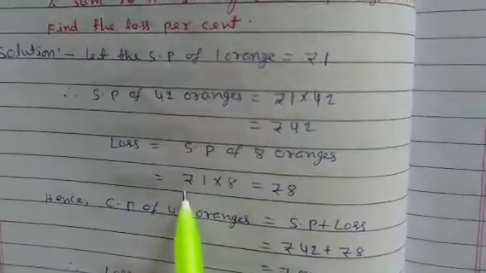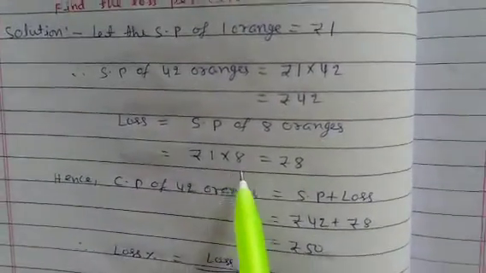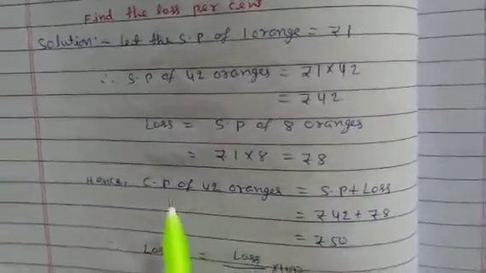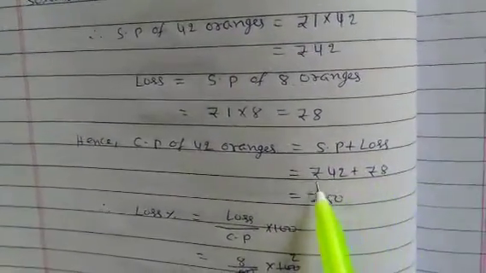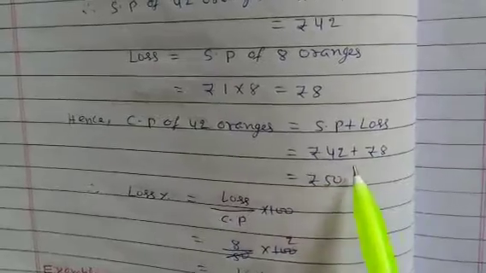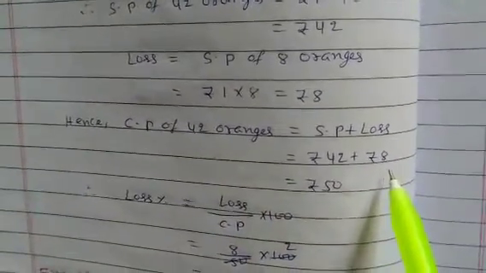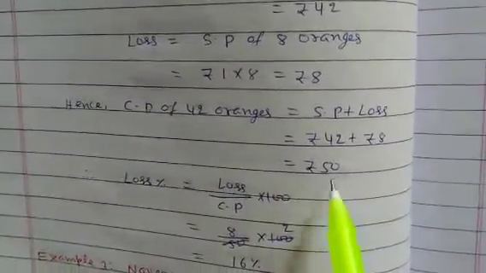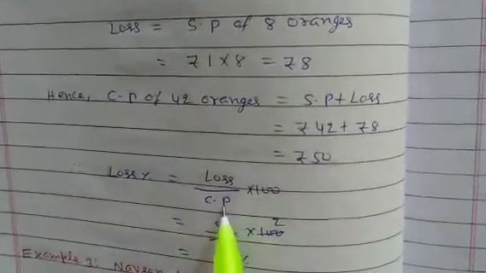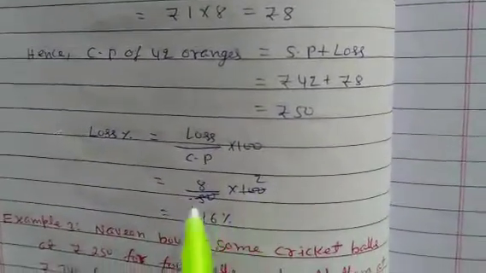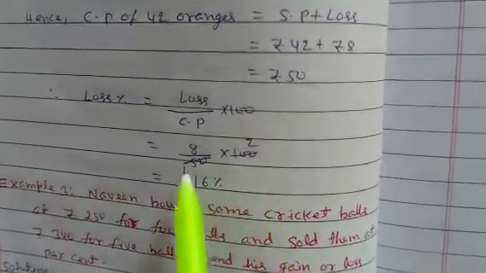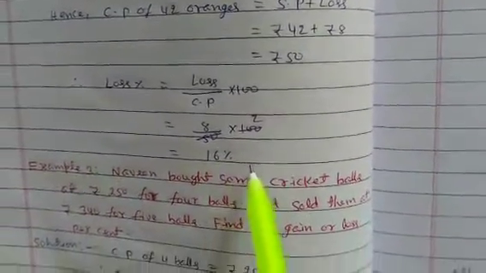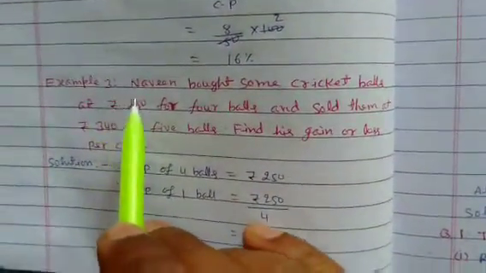So rupee 1 into 8 is equal to rupees 8. Hence CP of 42 oranges is equal to SP plus loss, equal to rupees 42 plus rupees 8, equal to rupees 50. So loss percent is equal to loss by CP into 100, equal to 8 by 50 into 100, which is 16%. That is our answer.